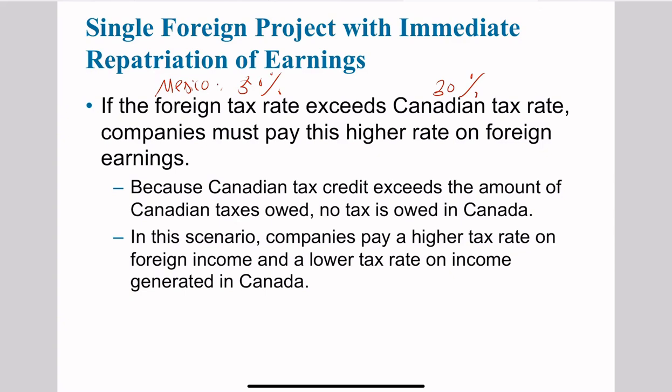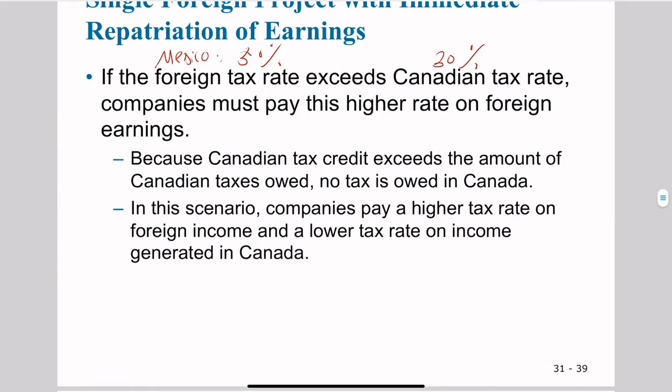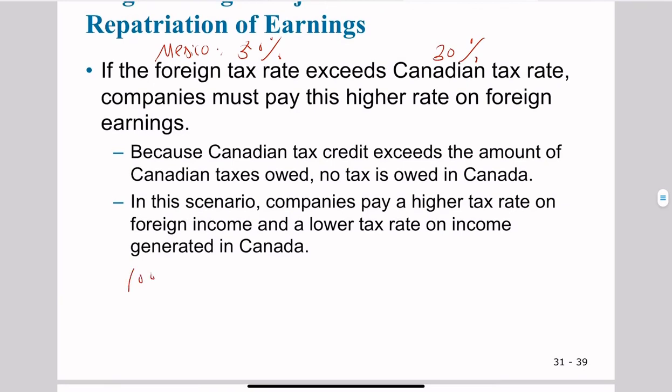Right? That is, in the end, this Canadian firm has to pay 50% on this foreign earnings. Let's see how this works. So let's say, again, $100 million go from Mexico to Canada.